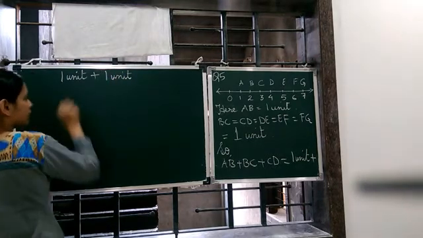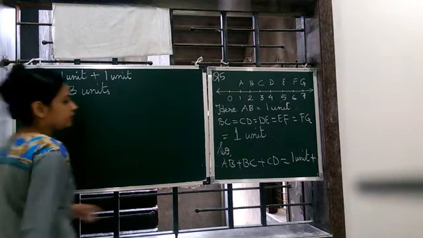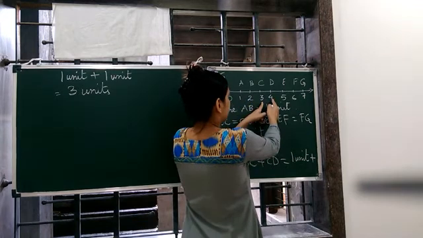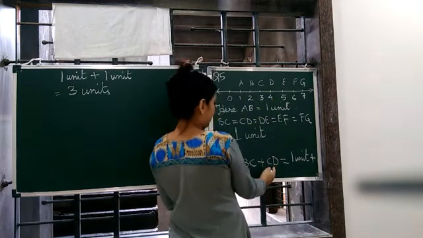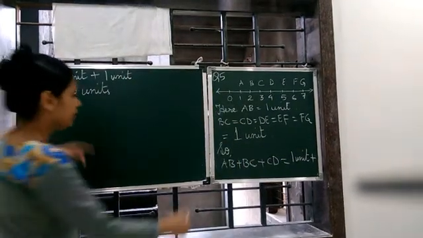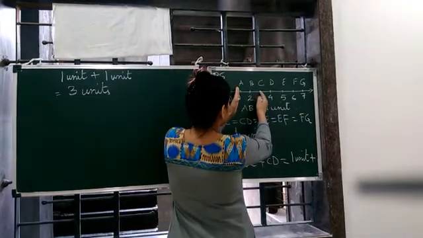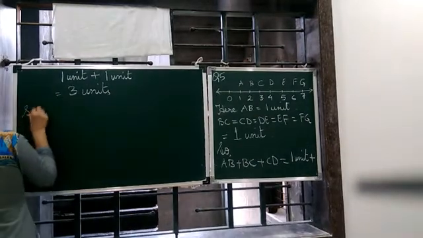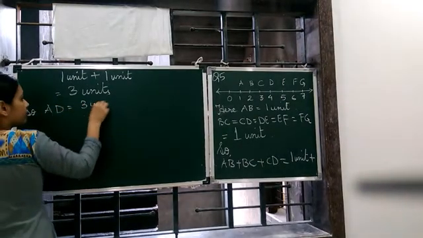So 1 plus 1 plus 1 gives us how many units? 3 units. Yes, that is AB, BC, CD. That means AD is how much? AD is 3 units. Just now we've done AB plus BC plus CD. AB plus BC plus CD is equal to AD. So AD is equal to 3 units.